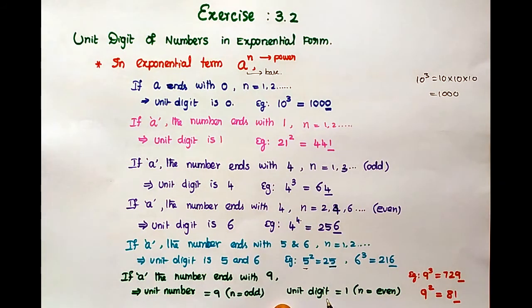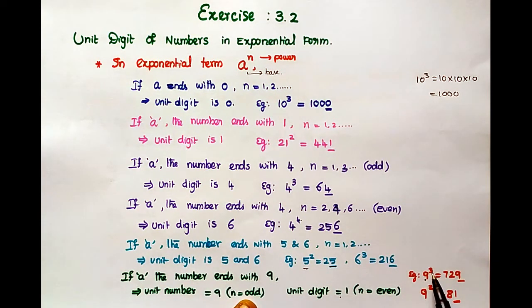Next, the unit digit is 1 when n is even. Listen, base 9. For odd n, like 1, 3, 5: 9 power 3 equals 729, the unit digit is 9.